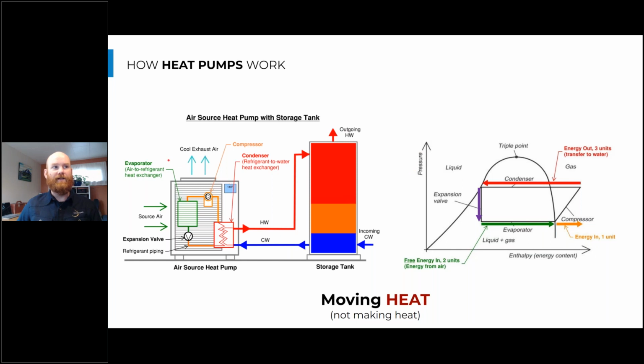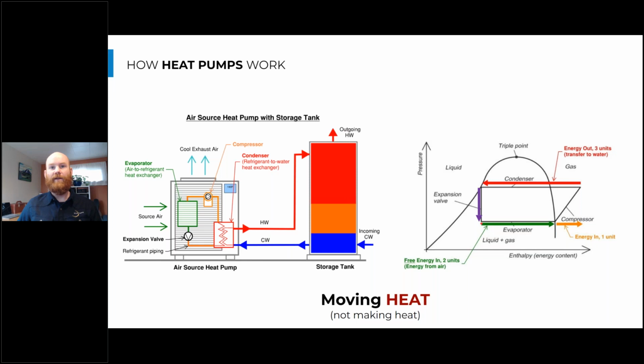So the first place I always start is the evaporator. This is our air to refrigerant heat exchanger. We are typically operating a fan to blow air over our heat exchanger, which has refrigerant in it. That refrigerant is at a very low pressure and therefore low temperature. And it's at a low enthalpy state when it starts.